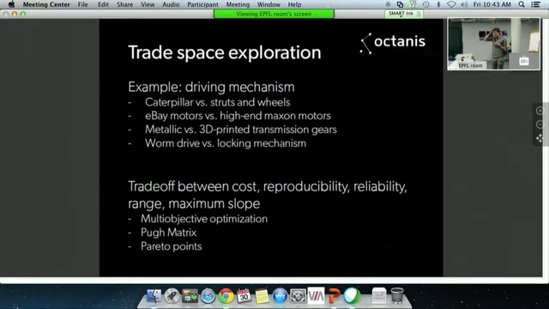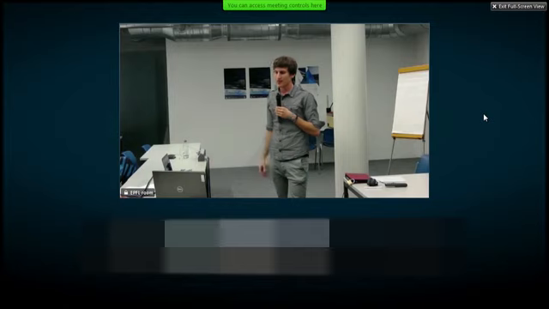Also, maybe a good example that shows this trade space exploration we saw would be the mechanical design. So the driving mechanism that could be, well, wheels like we have it, but it could also be like Caterpillar or any other kind of mechanism.